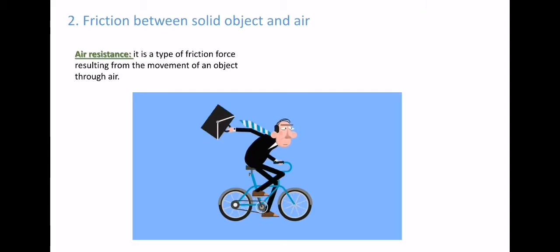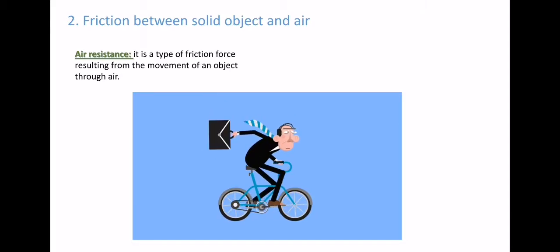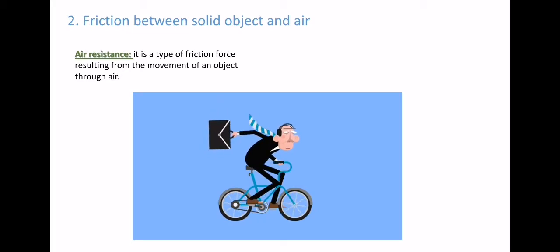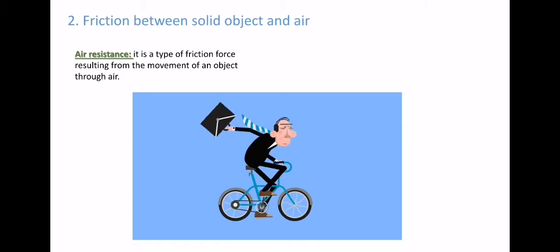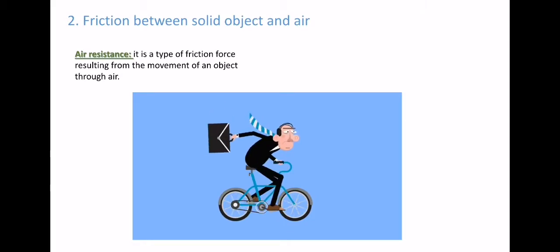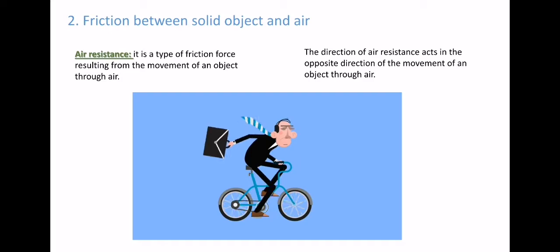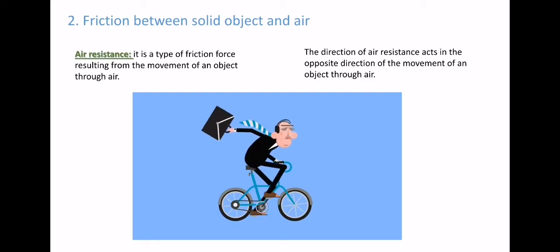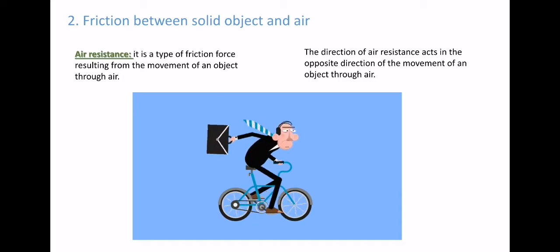So again, when you run in open air, what happens? There is a friction force between you and the air. This friction force is called air resistance. And the direction of air resistance also acts in the opposite direction of the movement of an object through air.